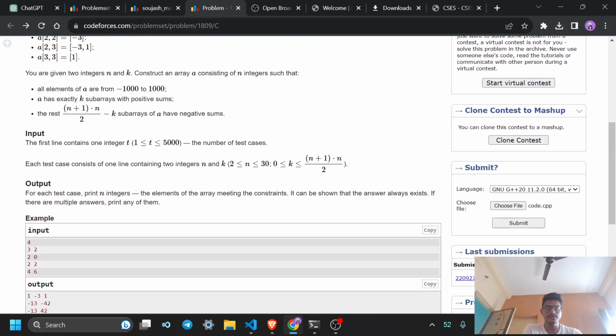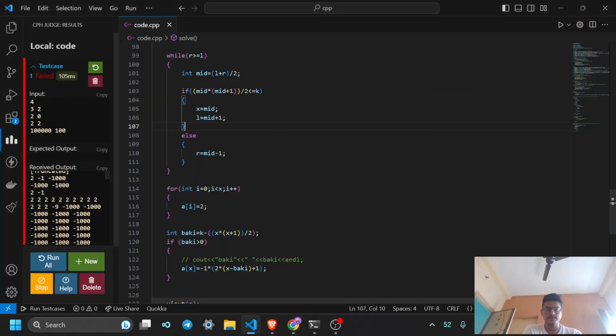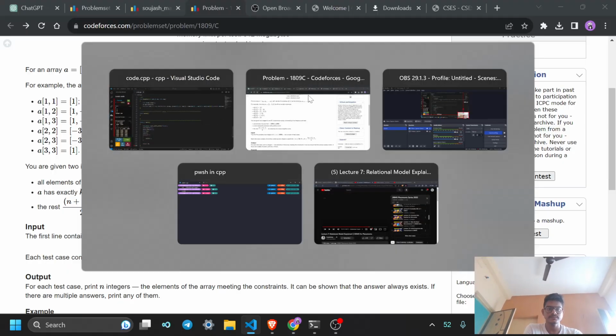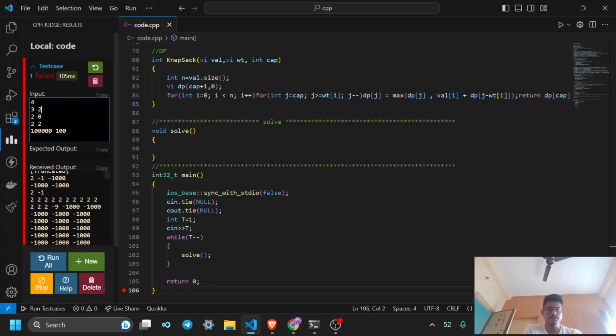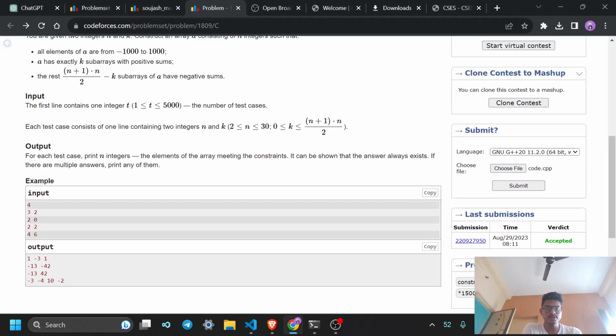First of all, I check the input and output format. Then I move to the question. So this is my question, and what is my input?